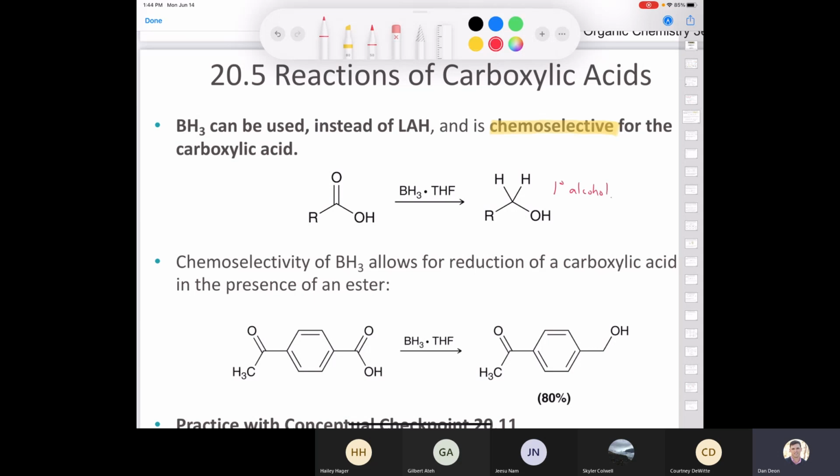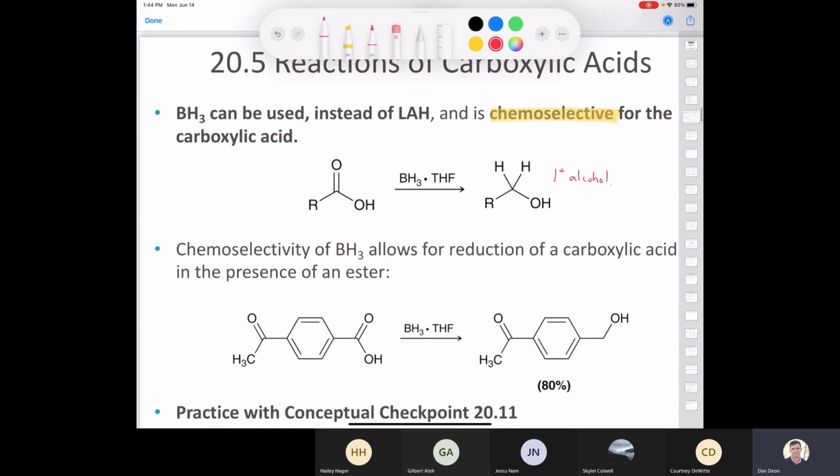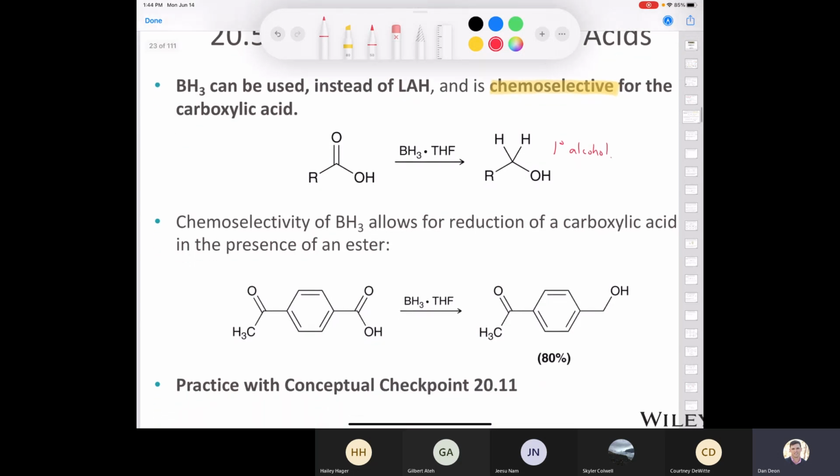And the reason why this is such a neat reaction is, again, it's chemoselective. Chemoselective means that it will reduce the carboxyl group, however, it can reduce it in the presence of an ester or a ketone or aldehyde.